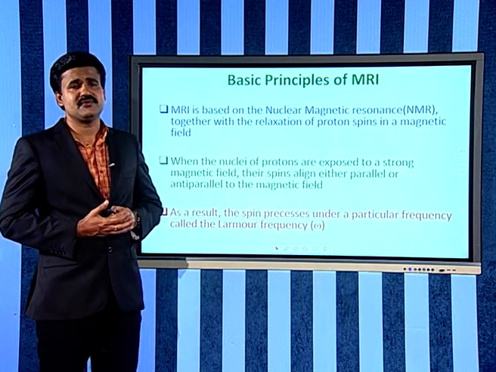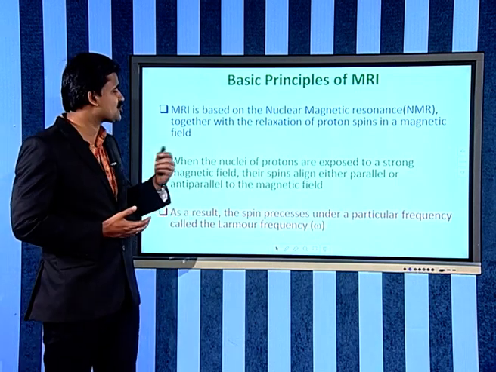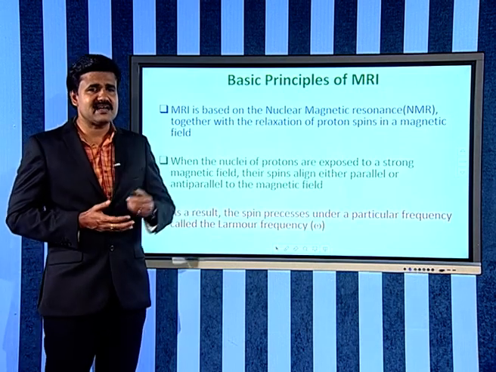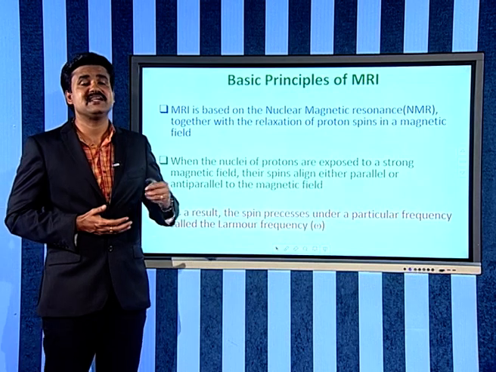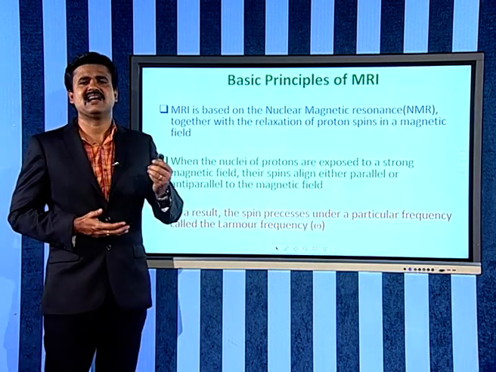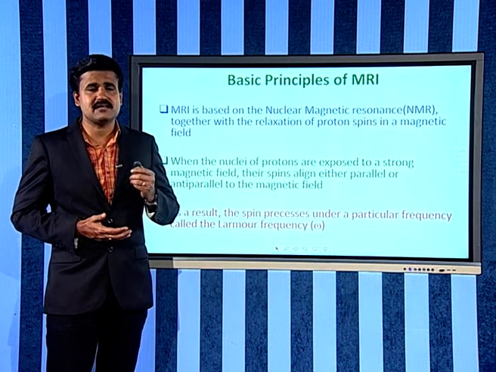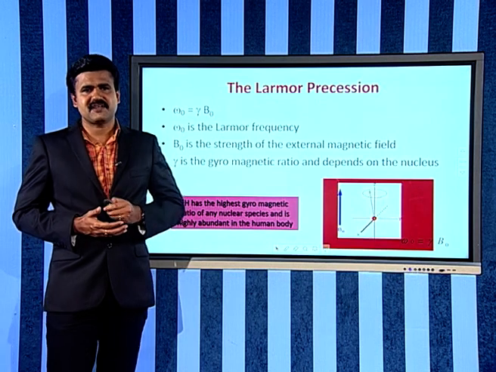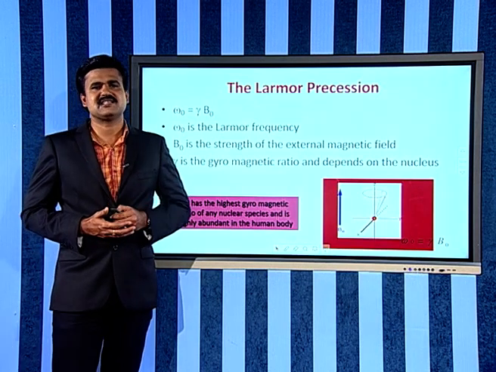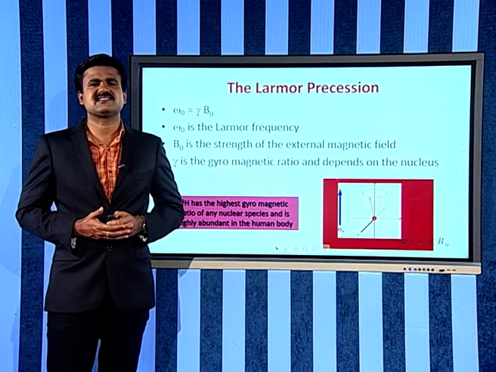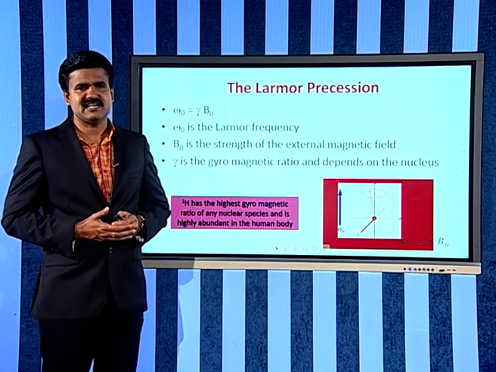When the nuclei of protons are exposed to a strong magnetic field, their spins align either parallel or anti-parallel to the external field. As a result, the spin precesses at a particular frequency called the Larmor frequency. Larmor frequency, omega 0, is equal to gamma times B0, where B0 is the strength of the external magnetic field.